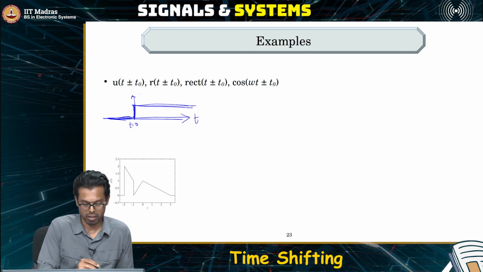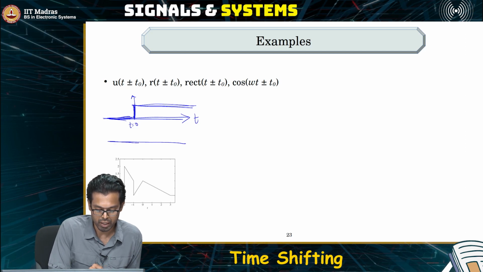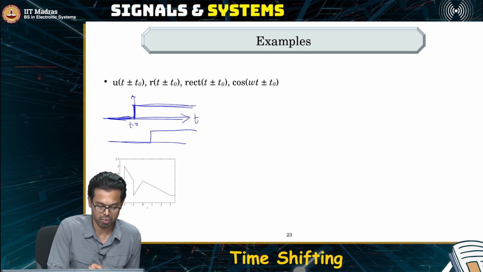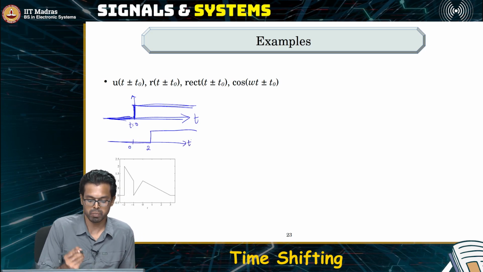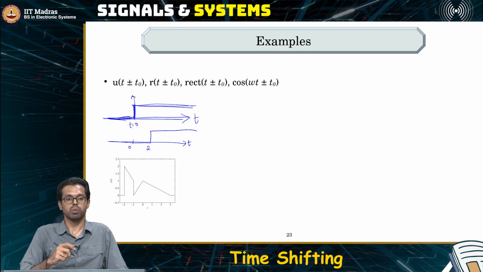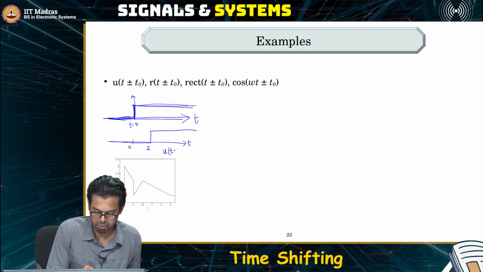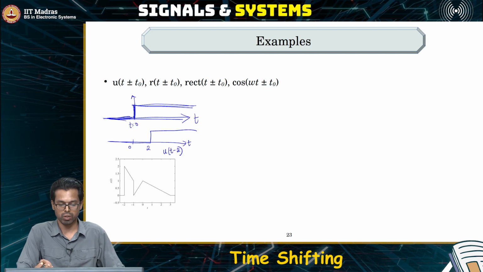Now, let's say we delay it. How do we delay it? Graphically, we move it to the right. Let's say we delay it by 2 seconds. And how do we represent this mathematically? Delaying is equivalent to subtracting some amount, which means u of t minus 2 is equivalent to delaying it or moving it to the right.